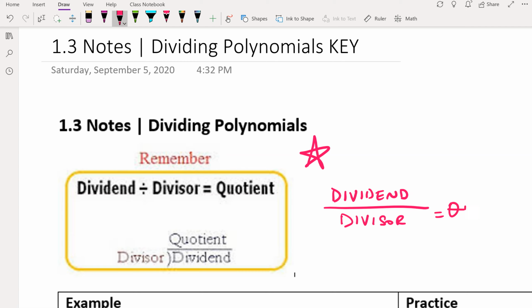It's important to know what each piece is called because a problem might say, what is the quotient? That just means what is the answer to a division problem? Quotient is the answer. Okay, so you can write all those versions down. Quotient means answer. That's important to know. Dividend is on top. Divisor's on bottom.